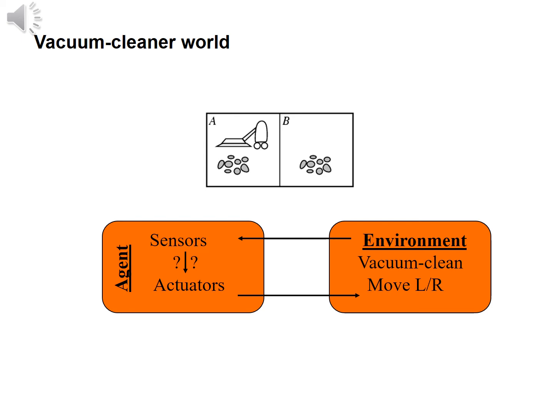Then in a new iteration, its sensors are going to say you are now in room B and room B is dirty. Its agent function should now give a connection between this reading and the actuators: vacuum clean. The actuators will vacuum clean in the environment, in room B, which is dirty. The action vacuum clean is going to make the dirt disappear from room B.